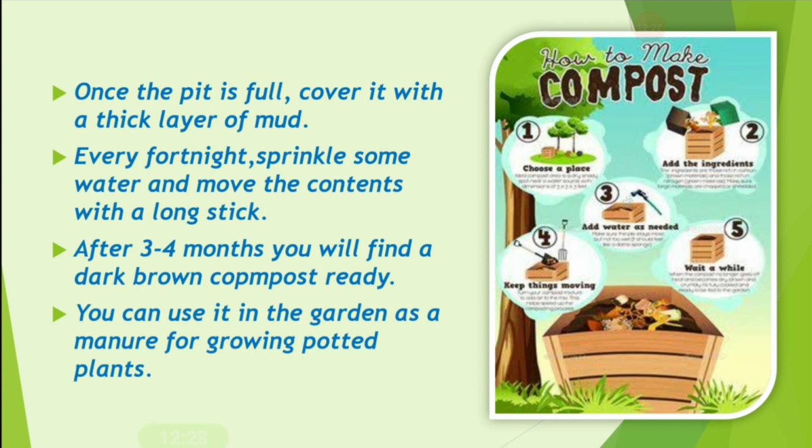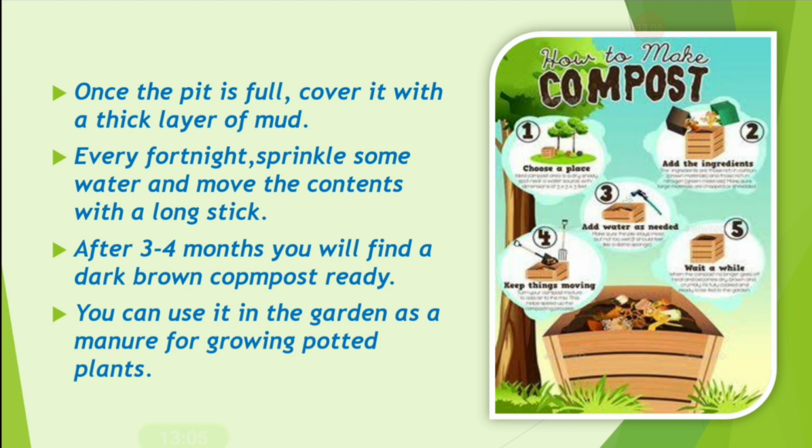In the first step, you have to dig a pit, or you can use any container to collect all the fallen leaves and your household garbage, like vegetable peels or your leftover food, etc. After that, you have to put everything in a pit or a container and cover it with a thick layer of mud and moisten it with water.